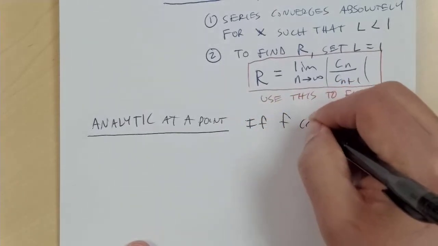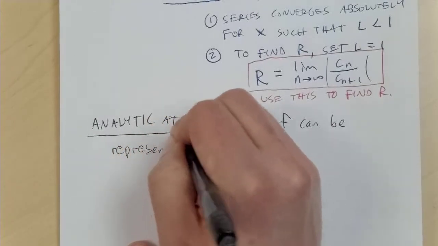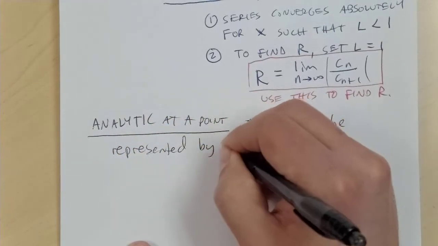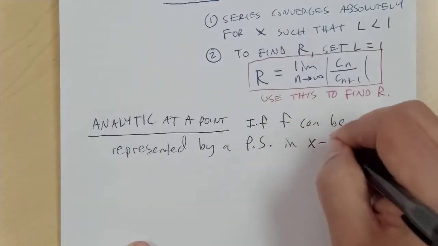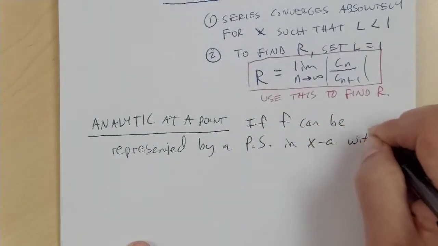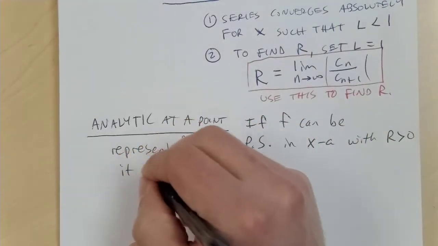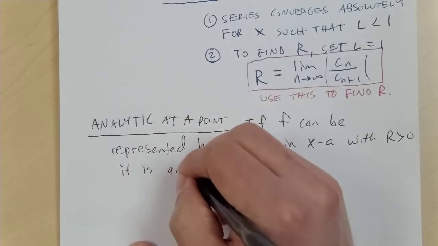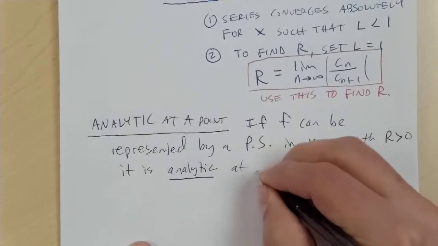If f can be represented by a power series in x minus a with a radius greater than 0, it is analytic at point a.